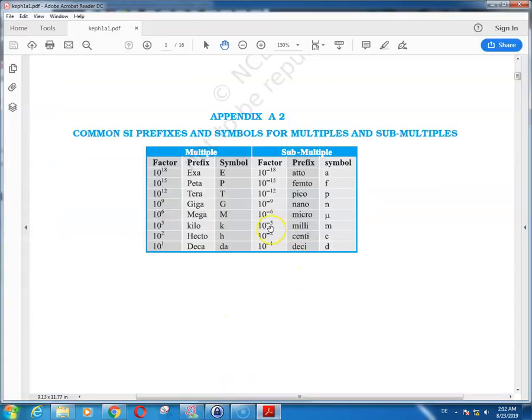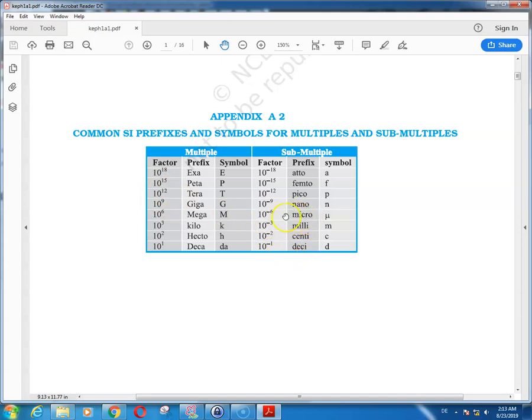For that, you need to take a screenshot of this table and keep it with you. After a while, you will learn all of these suffixes. The most important ones, which you will use most of the time, are kilo, mega, giga. Tera is not that important.